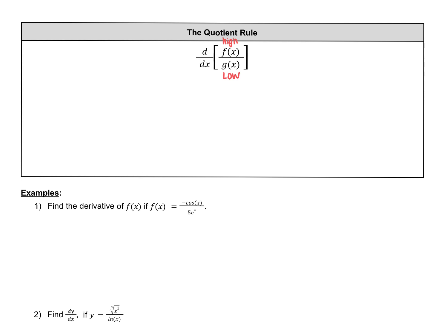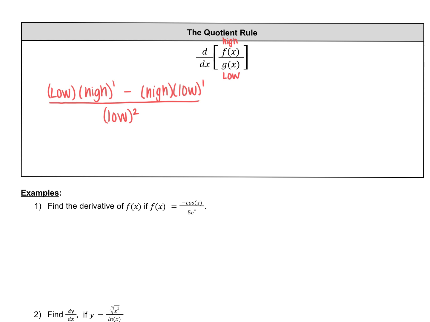The derivative formula is low times d high. So I'm going to do high prime. That means d high means the derivative of high. So low d high minus high d low all over low squared.